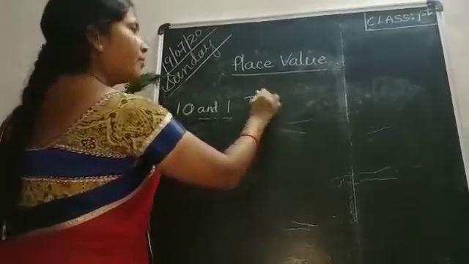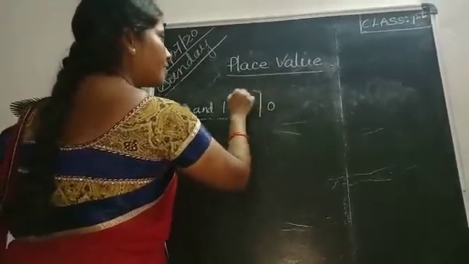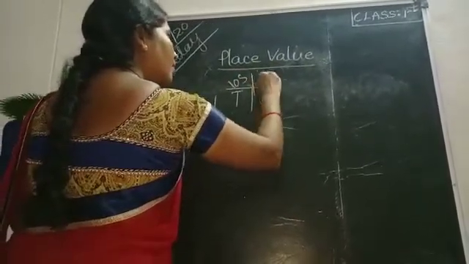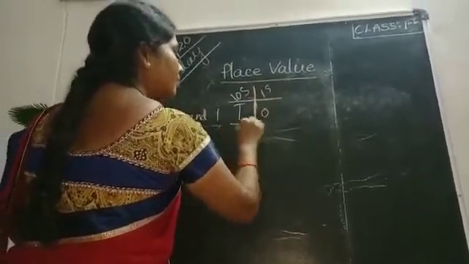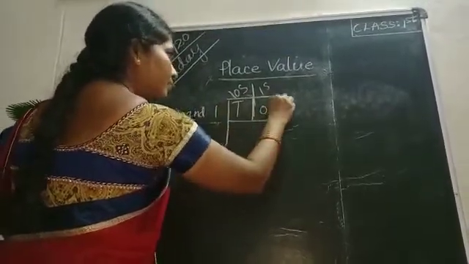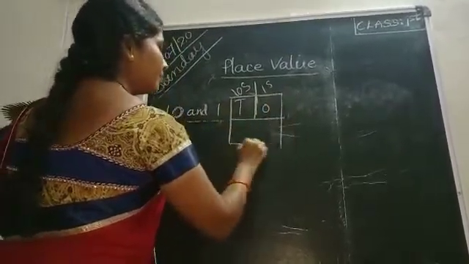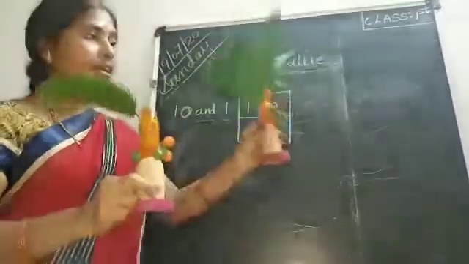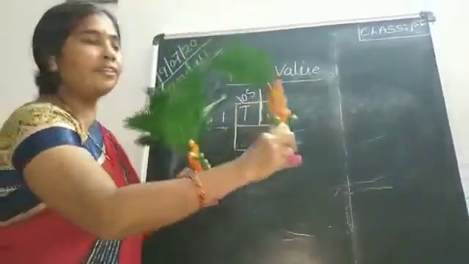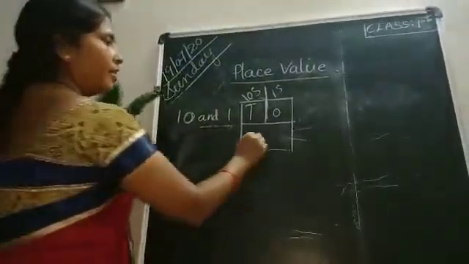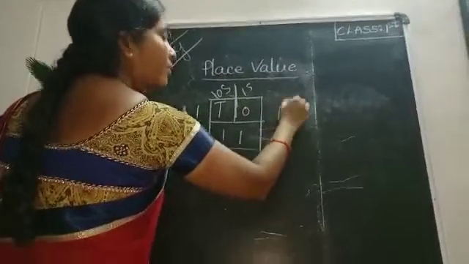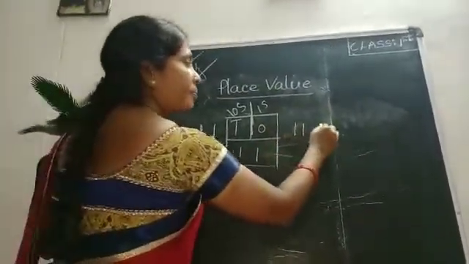Here tens and ones. See, 10 and 1, 11. Now what is the number? 11. What is the number name?